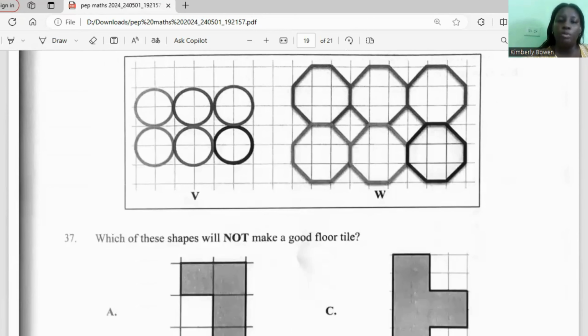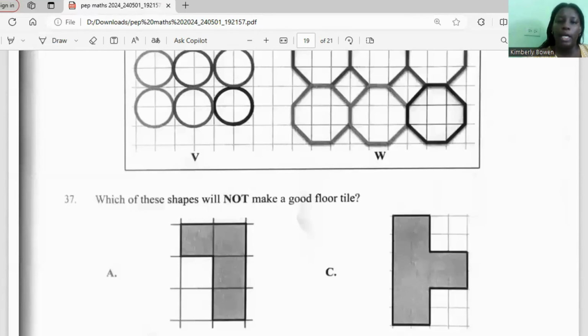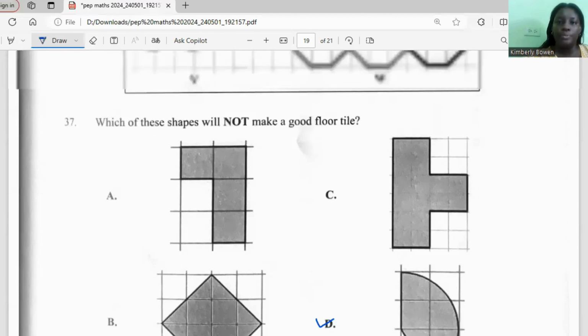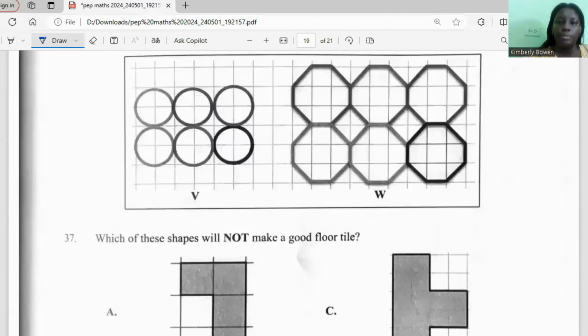Which of these shapes will not make a good floor tile? Correct answer is D, because when you have the curved spaces, it's going to be difficult for them to make a complete tile because something is going to be left behind. And if we look at the example, that is what is here.